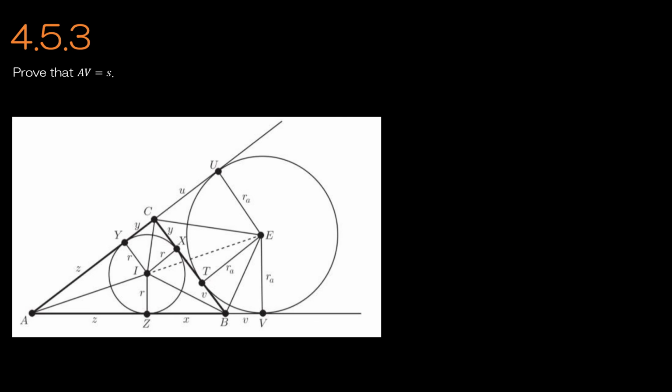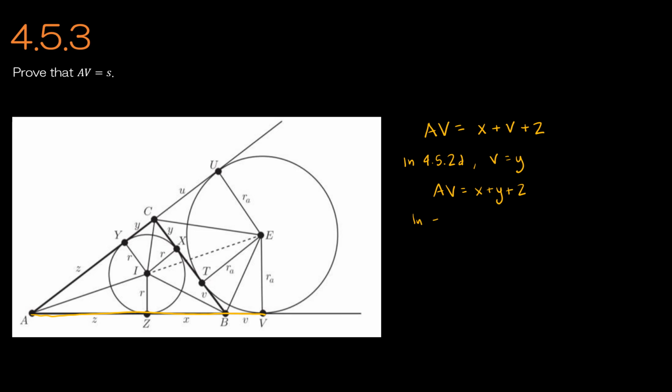In 4.5.3, we're asked to show that AV, this segment, is equal to S. So AV, according to my picture, is the same as, and I'm just going to write it in the correct order here, x plus v plus z. In 4.5.2D, we said that v was equal to y, so by substitution, AV is equal to x plus y plus z.